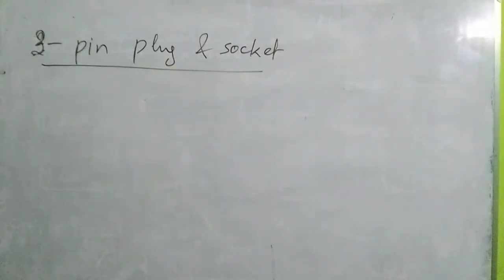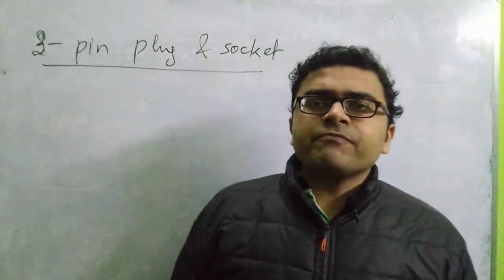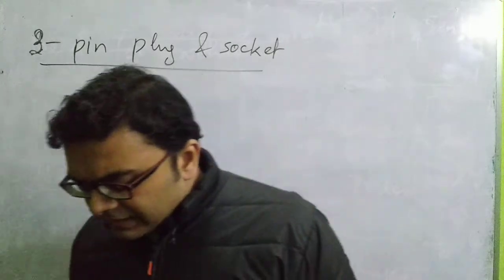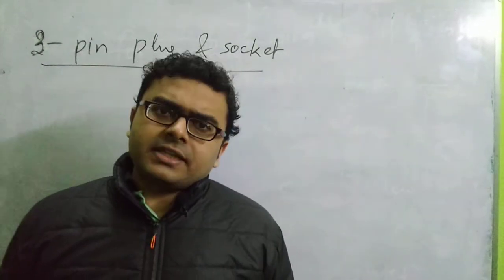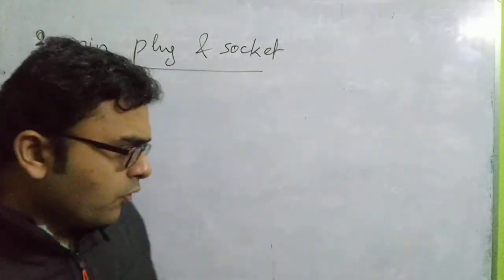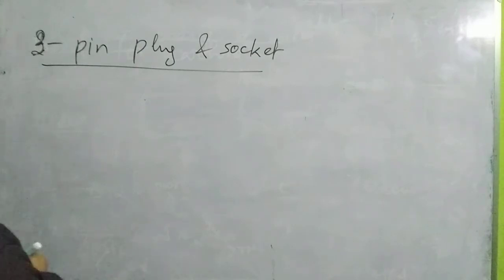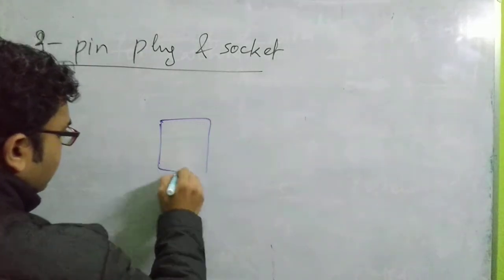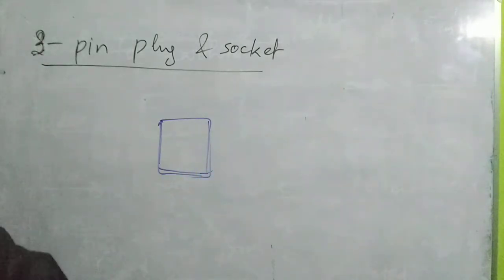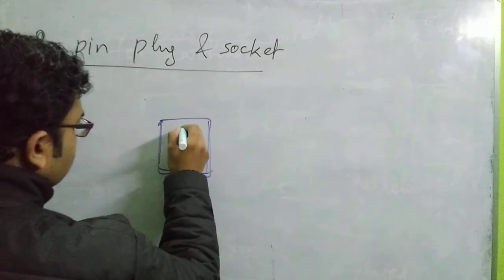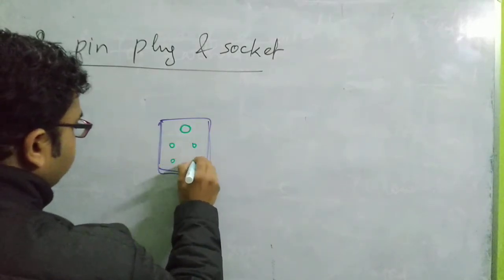Many of you have seen, and all of you should have seen, that in a house the plug provided on the switchboard has 3 sockets. A socket is actually the hole. You will see something like this, rectangular or square shaped, with sometimes 3 or sometimes 5.